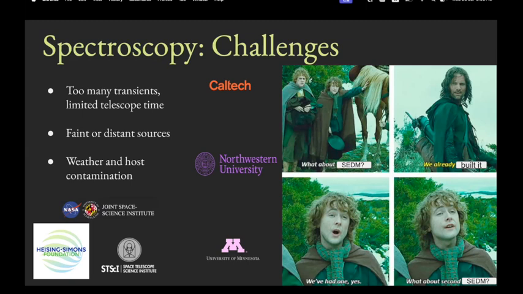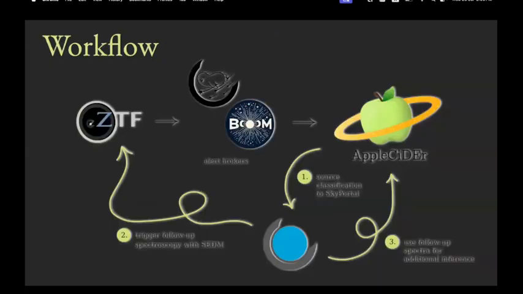So what we would like to do is, we have ZTF, and let's say we have an alert. This alert goes through brokers. I think Michael provided more information about that on previous days. Then these alerts go through the AppleCider, and AppleCider classifies whether we have an event that we really need to support with more spectra.